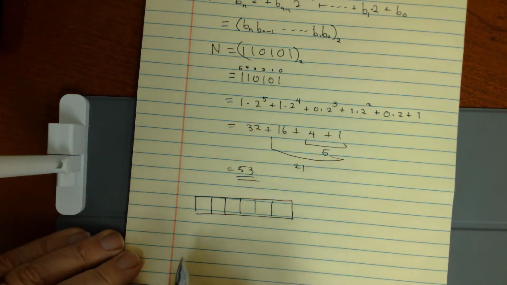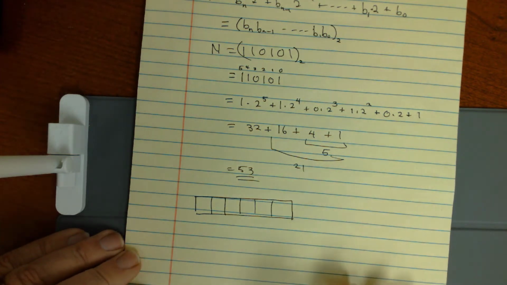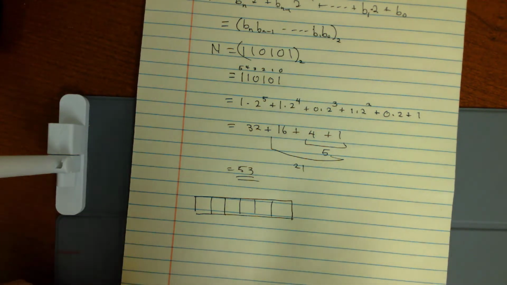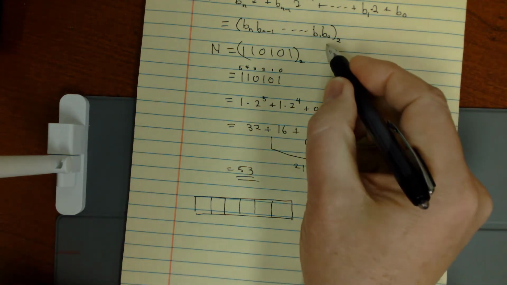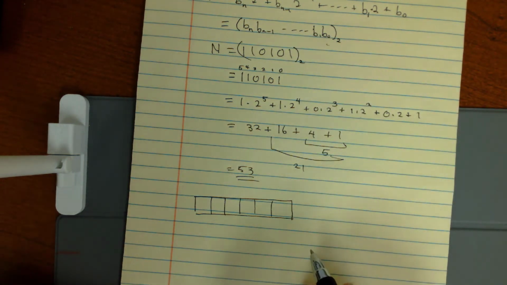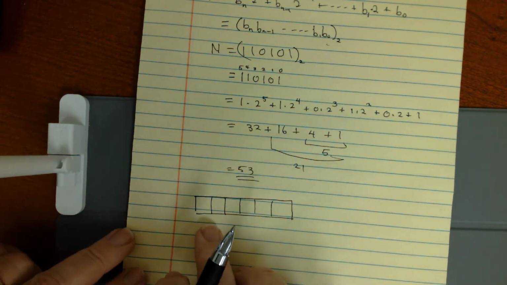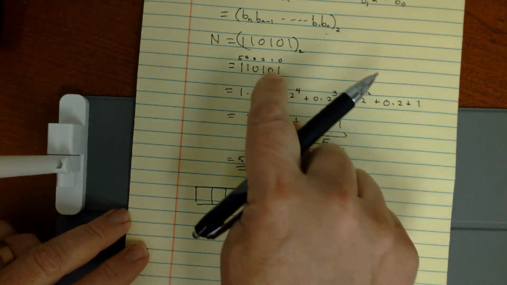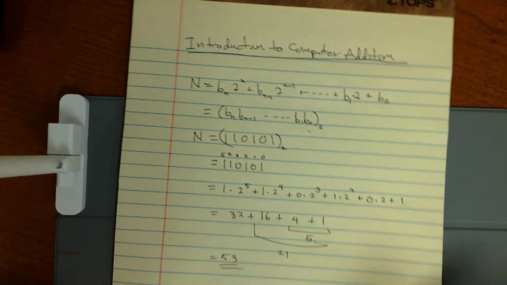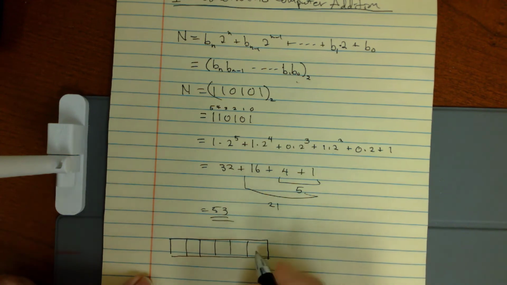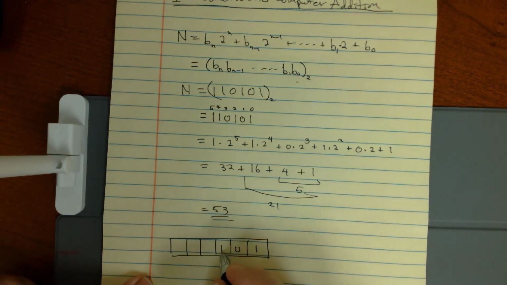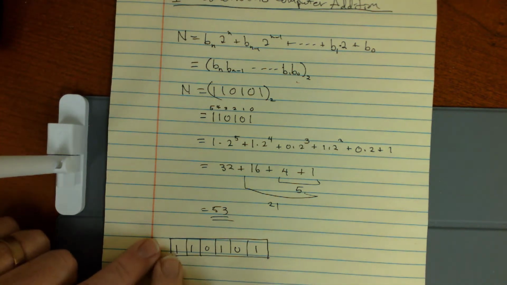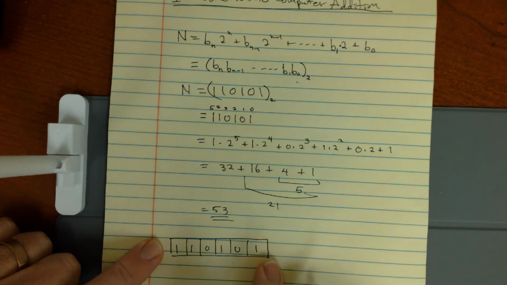Think of a location in memory as some boxes put together, and one bit, which is what each of these digits is called, corresponds to each of these boxes. So we could take this number and put it down here, 1, 0, 1, 0, 1, 1, each digit in a box corresponding to a memory location.